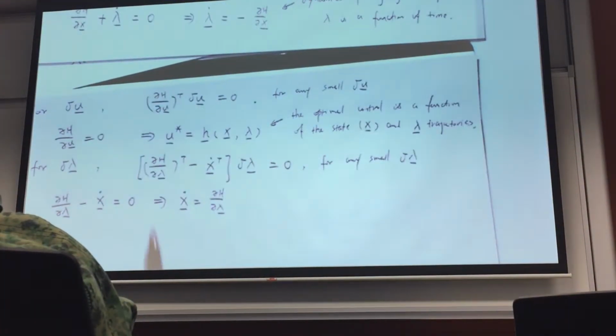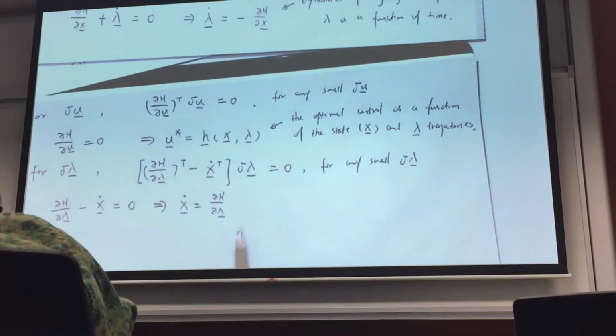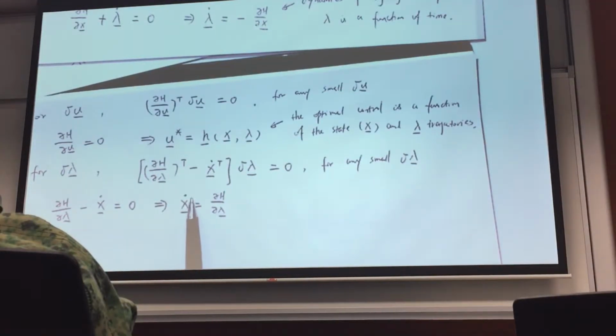So here we got another equation: the derivative of the state vector is given by the derivative of H with respect to the Lagrange multiplier. So what's the meaning of this equation?